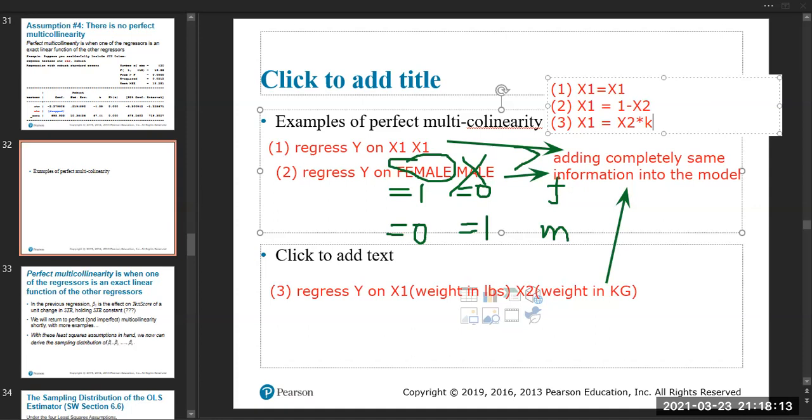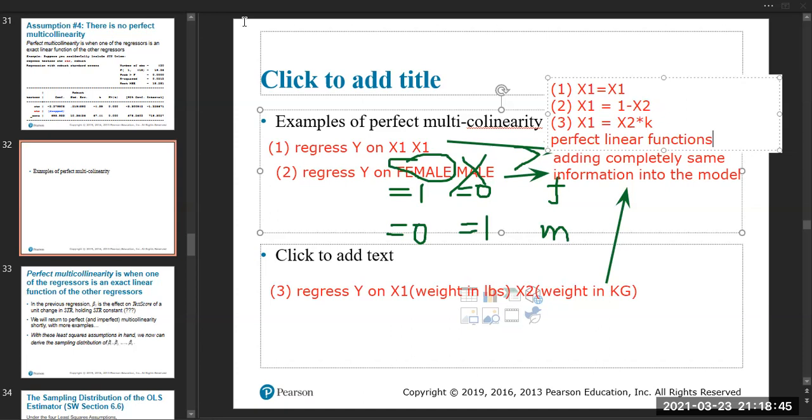All of these three are perfect linear functions. If this exists, then we call it perfect multicollinearity. If perfect multicollinearity exists, then the fourth assumption is violated.